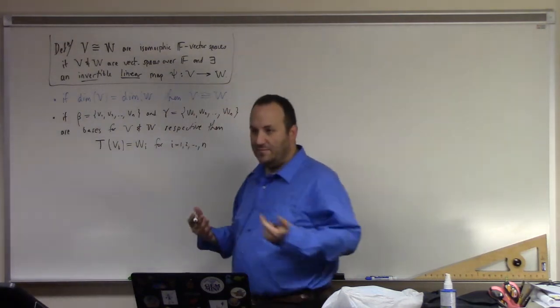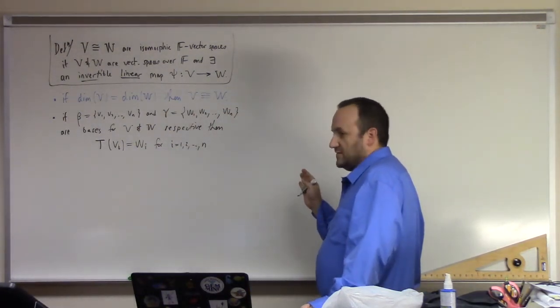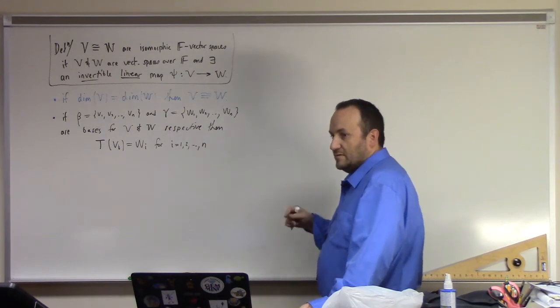So define a map by mapping the ith basis vector of V to the ith basis vector of W, all right? If you do this, then you can uniquely extend that map to get an isomorphism. So often this is how I construct isomorphisms.